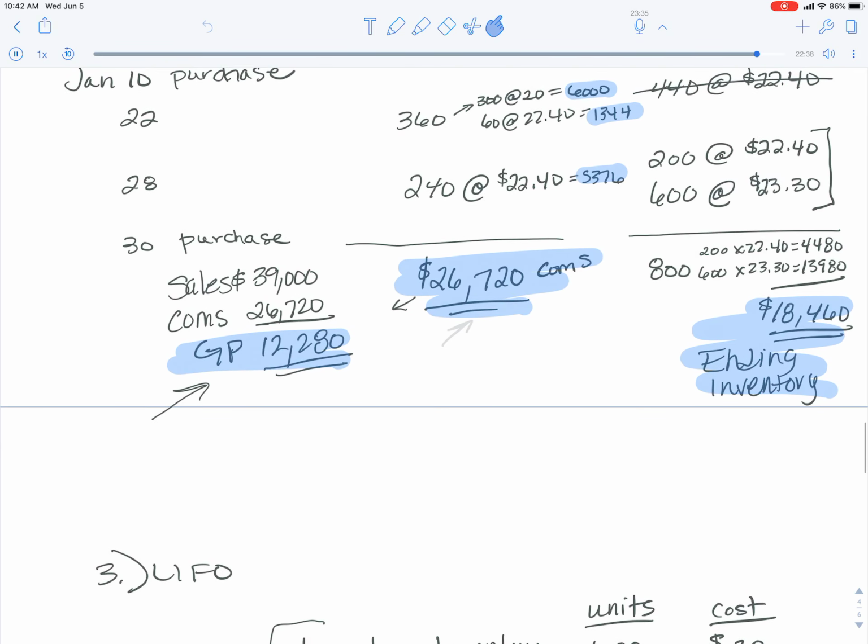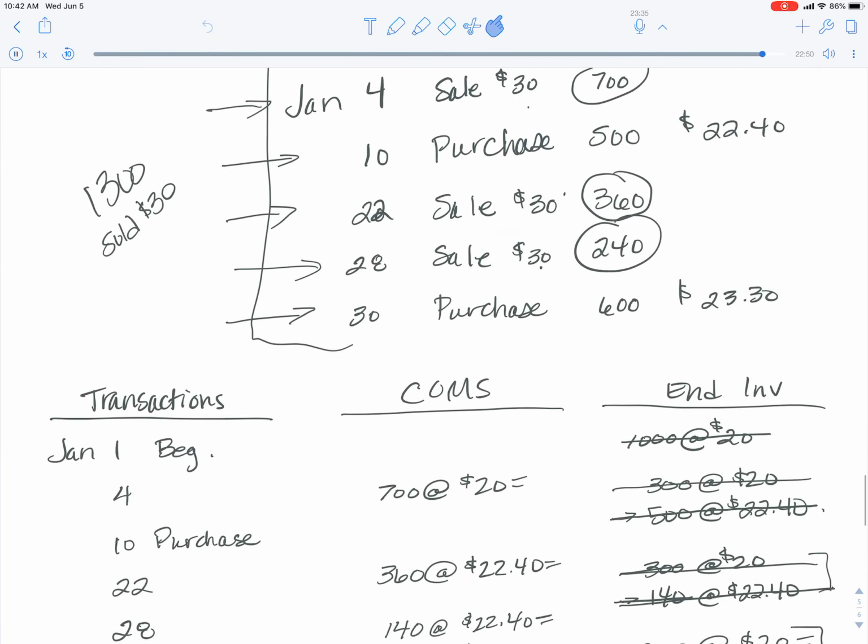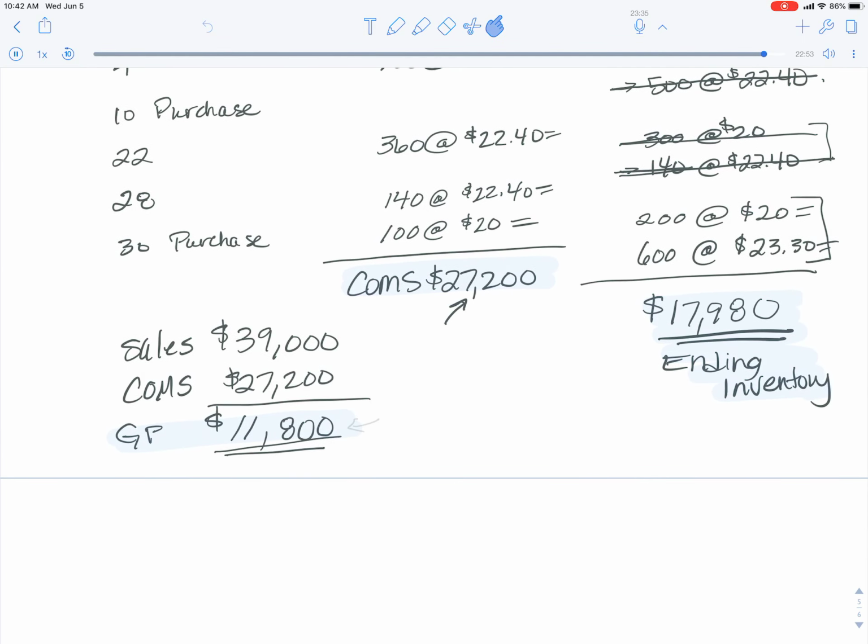That's because cost of merchandise sold is lower for FIFO than the cost of merchandise sold for LIFO. LIFO's cost is higher. That is why gross profit is lower. So these are the little nuances that you need to know about what the differences will turn out to be if using LIFO or FIFO.